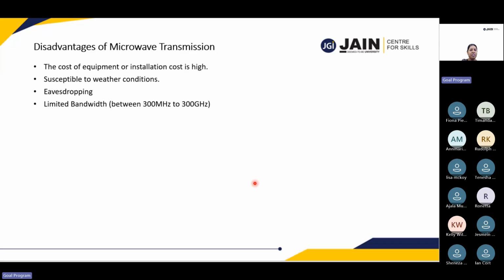Everywhere, though you are providing high security, data breaching is possible. Here also to some extent, eavesdropping will be there. Security is again a risk. Okay. Limited bandwidth: between 300 megahertz to 300 gigahertz you can transmit data at a time.